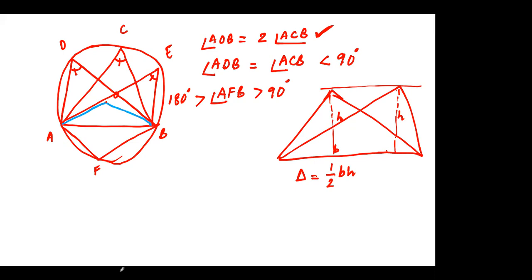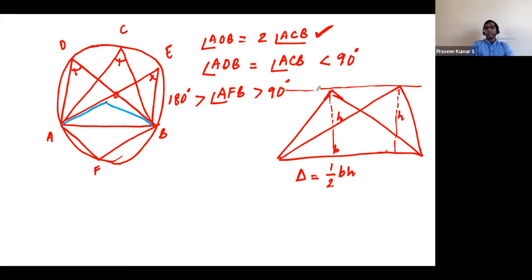So even if I extend like this, let's say you draw a triangle like this, again height is same, base is same. So triangle area will always be equal to half base into height. Or if you take it to some extreme like this, again it will continue to remain half base into height.